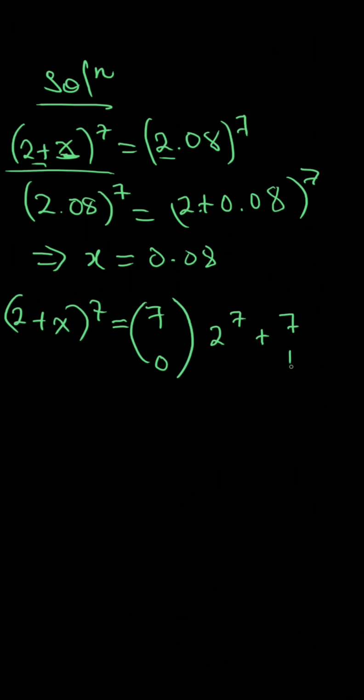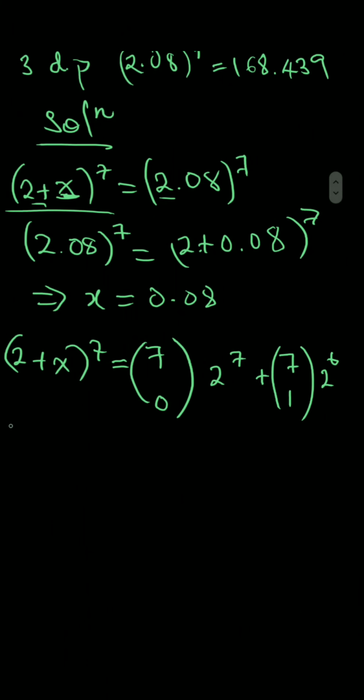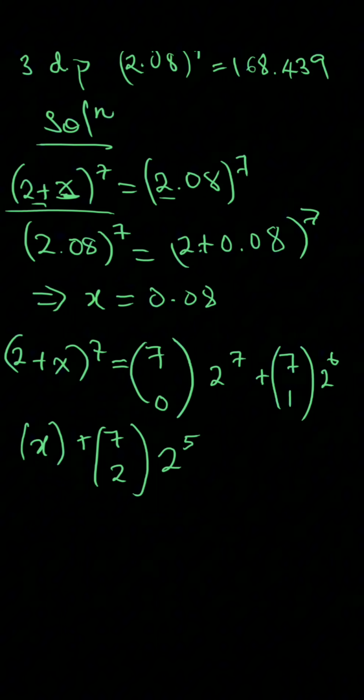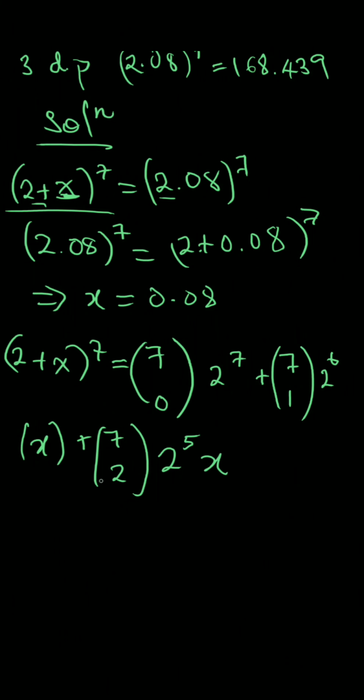Plus 7 choose 1, then 2 raised to the power of 7 minus 1, which is 6, multiplied with x, and plus 7 choose 2, with 2 to the power of 7 minus 2, which is 5, then x raised to the power of 2.